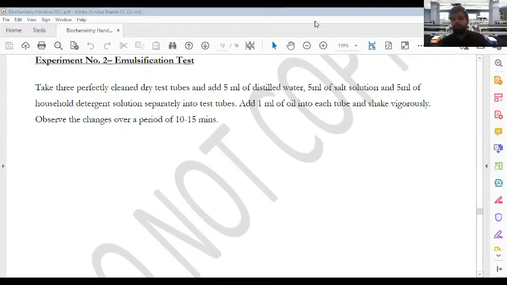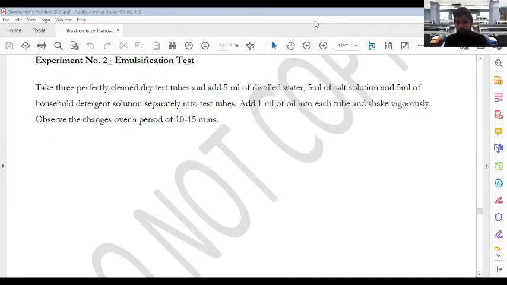Okay, then, as I mentioned earlier, as well as stated in the video, emulsification is the process of dispersing one liquid in a second immiscible liquid, and the resulting product is the emulsion.